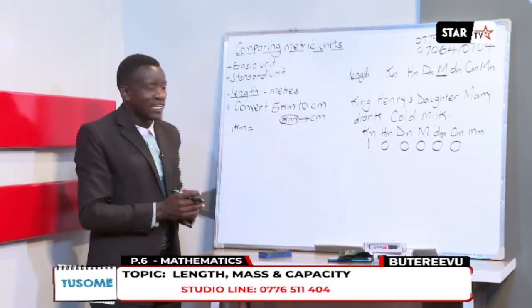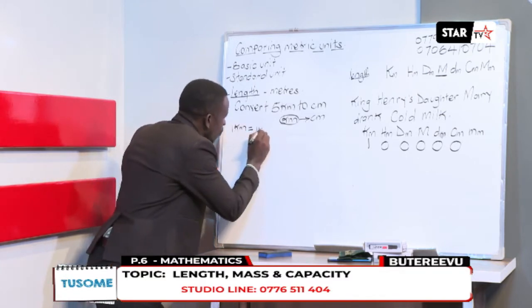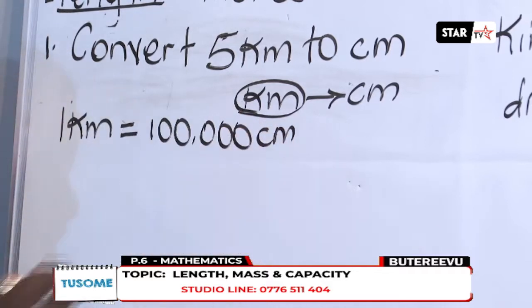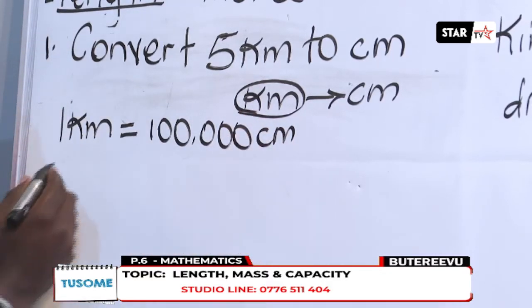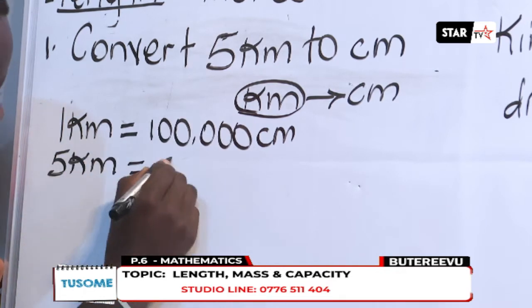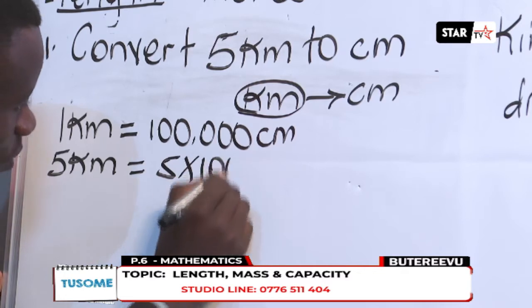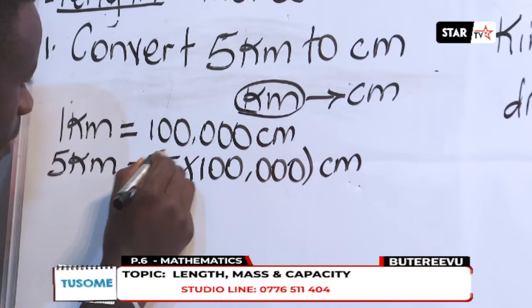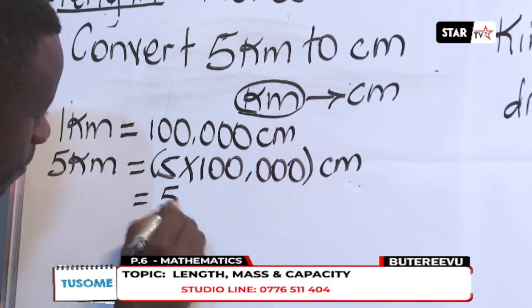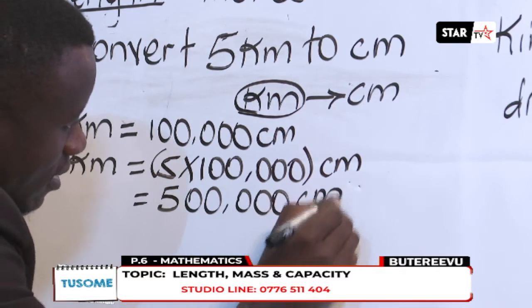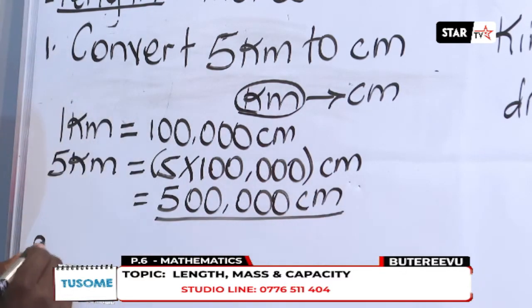So this will be 100,000 centimeters. After I convert, 5 kilometers would be 5 times 100,000 centimeters, which would be 500,000 centimeters.